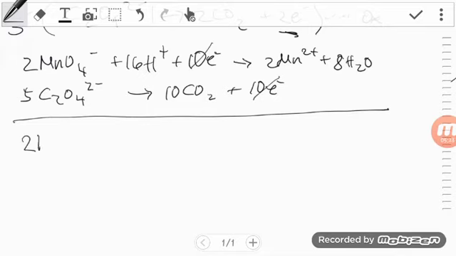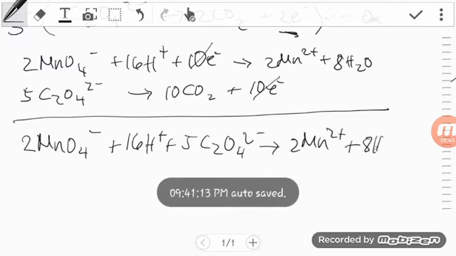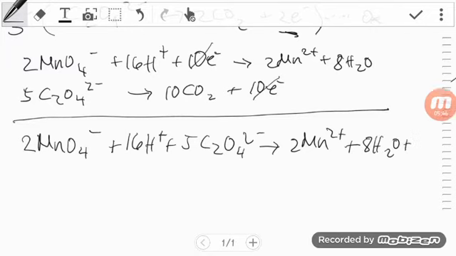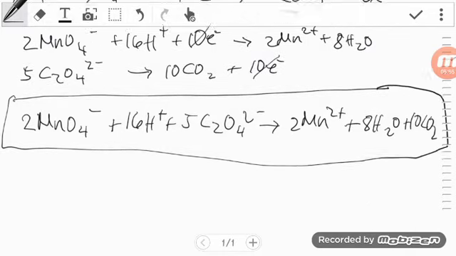So rewriting the redox reaction, we have, okay, so this is the balanced redox reaction.